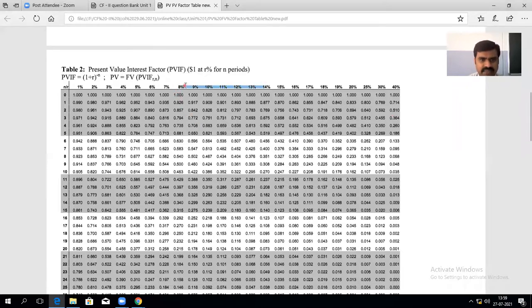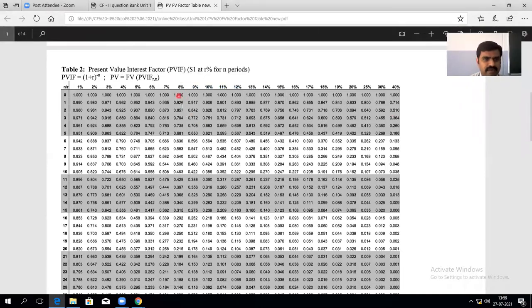So now you see 8% is here. The interest factors are first year 0.926, second year 0.857, third year 0.794, fourth year 0.735, fifth year 0.681.